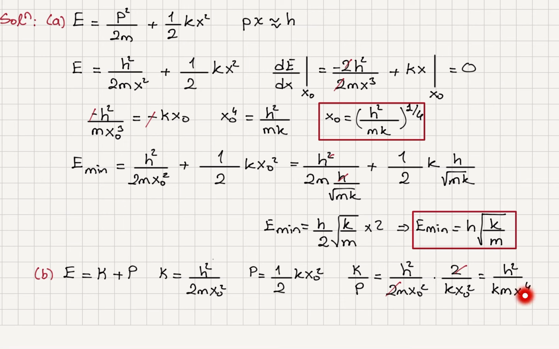If I substitute h²/mk, I will find that this is equal to 1. So the ratio of the kinetic energy to potential energy at the minimum energy, x = x0, is equal to 1. Actually, these two terms were equal, so this ratio should be equal to 1.